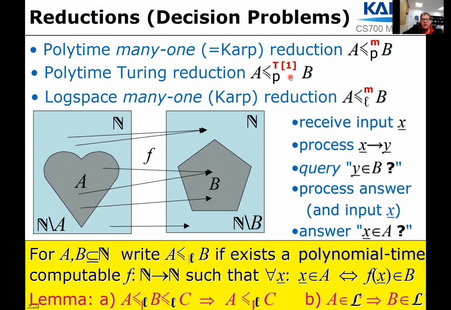There's a variant where the algorithm can make several queries to the other decision problem B. That algorithm is allowed to make a loop, repeatedly query, process the answer, and possibly the input to come up with another query adaptively, and make another query and so on. This is well permitted in Turing reduction.